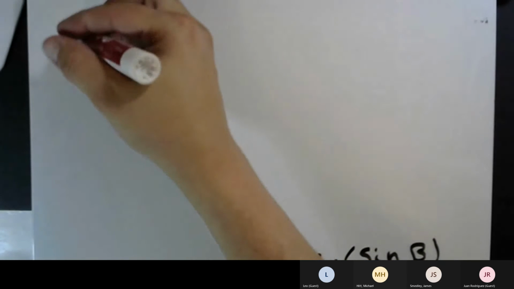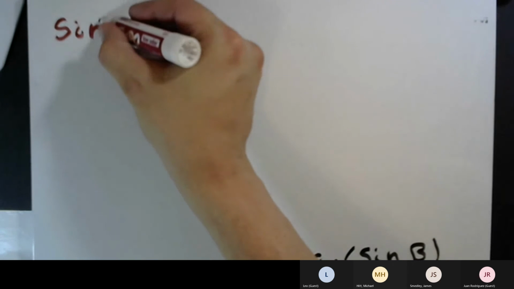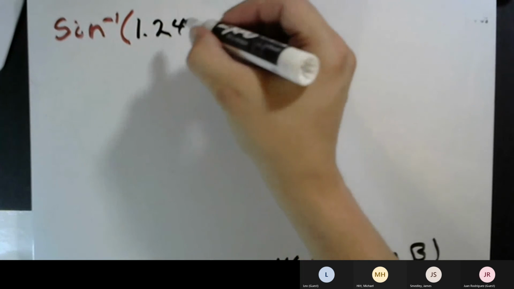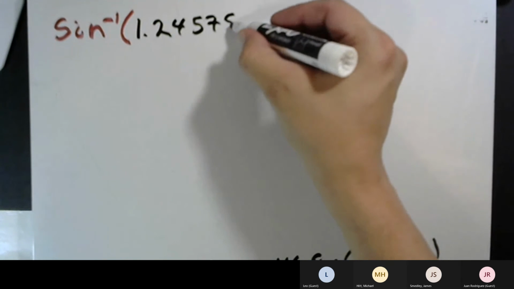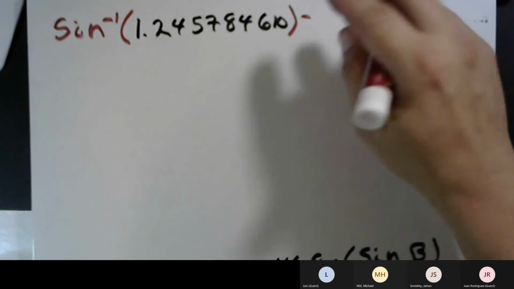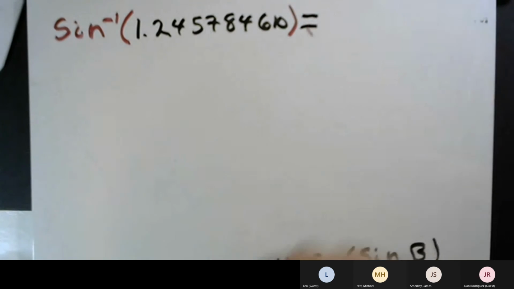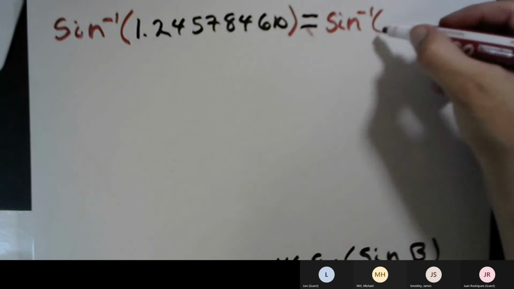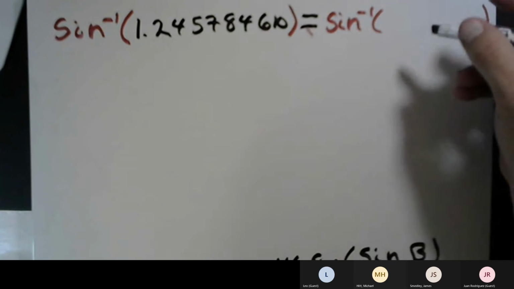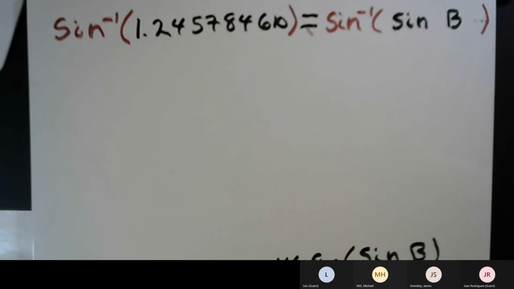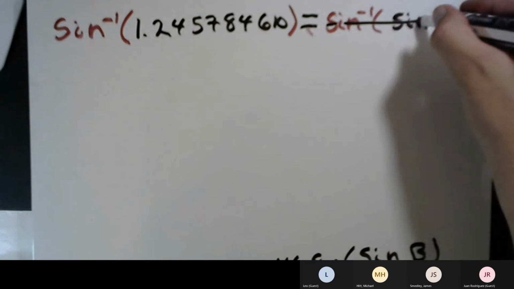So we'll take the sine inverse of 1.245784610, which will be equal to the sine inverse of the sine of B. So over here, those will cancel out.